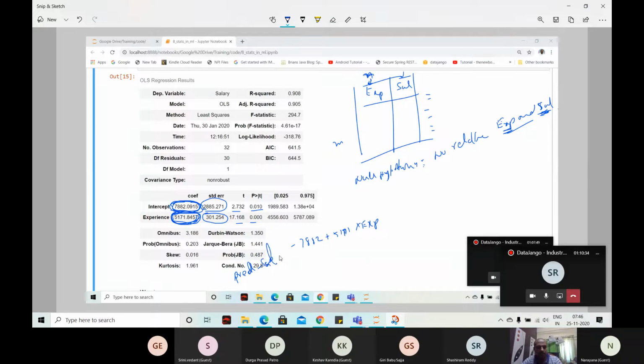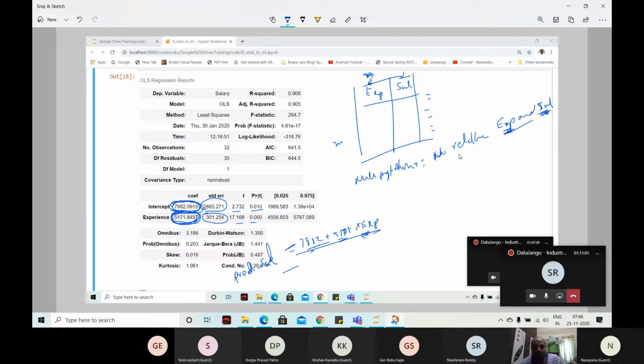This equation is the predicted salary. If we are getting these coefficients many times when the null hypothesis is true, that means experience is not important in predicting salary. Even in the null hypothesis situation, if this is happening many times, there is not much importance.